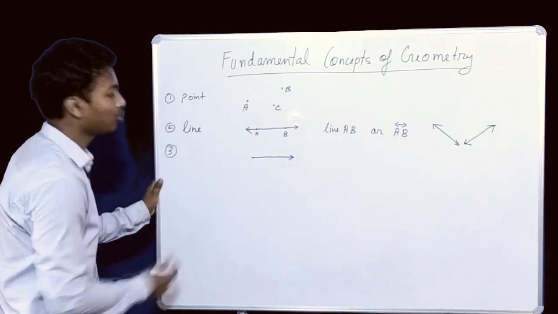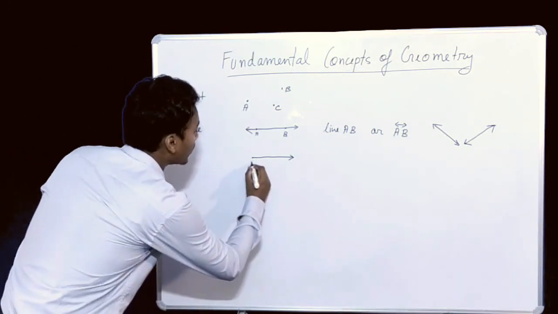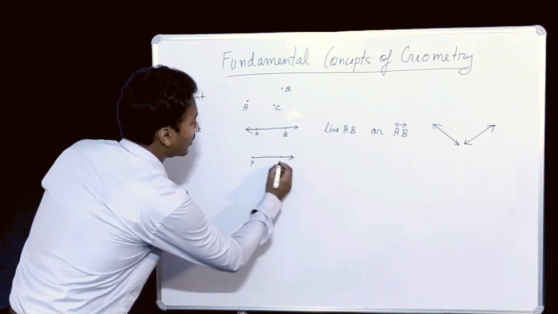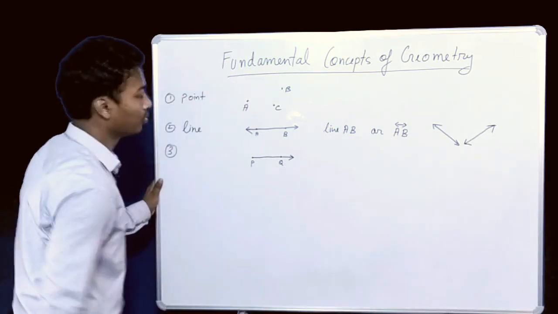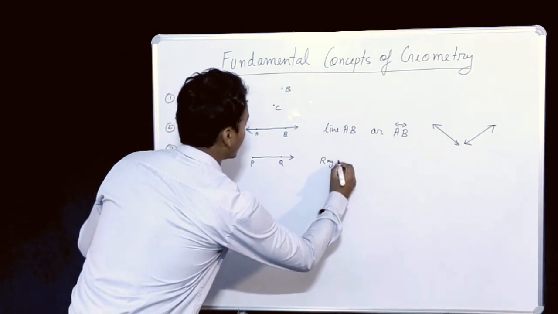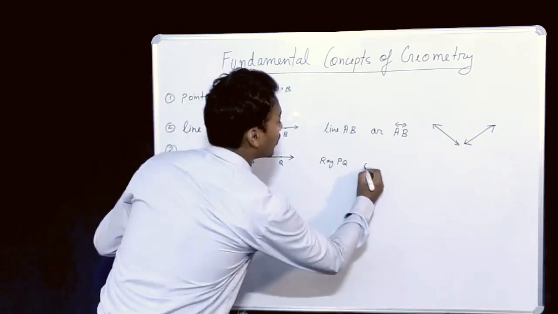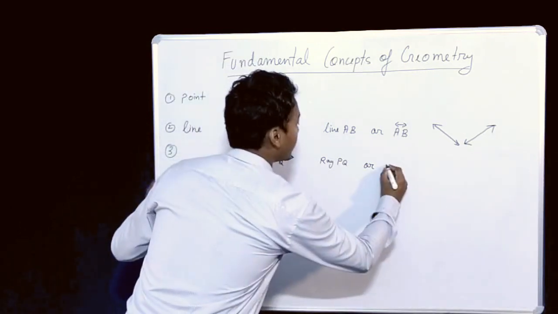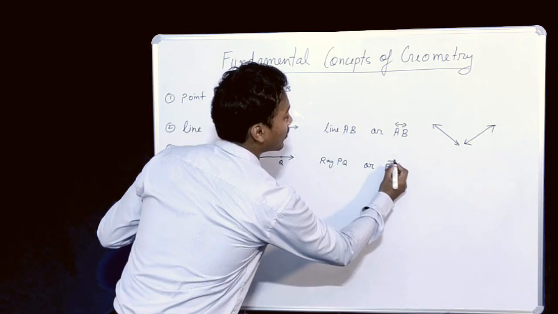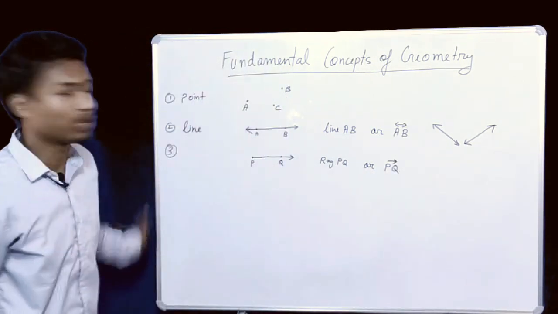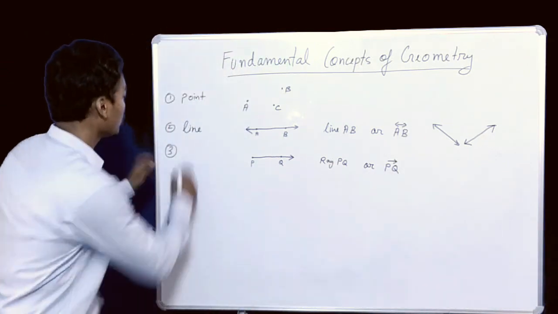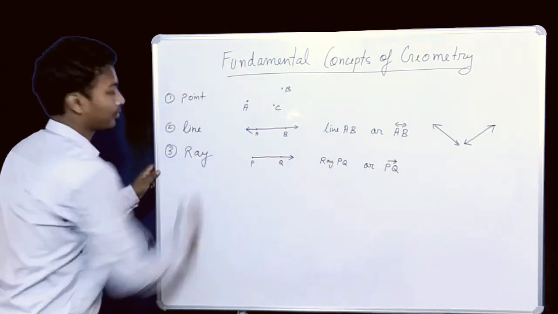Now in order to give a name to this ray, we can plot the starting point P and a point somewhere in the ray as Q. So this can be called ray PQ, or symbolically we can say PQ with a small ray symbol on top, which means we are talking about ray PQ. So this is a ray.